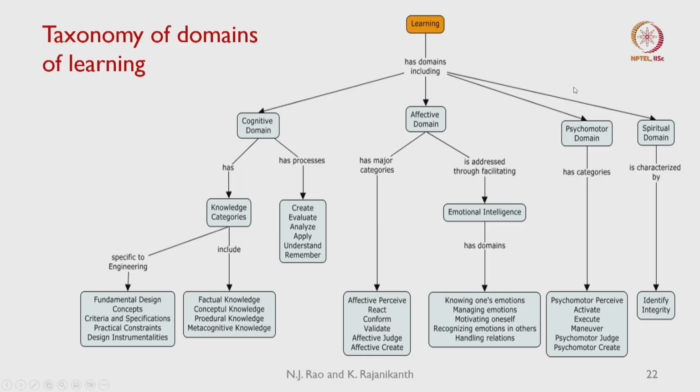And psychomotor domain has, as per Peirce and Gray, psychomotor perceive, activate, execute, maneuver, psychomotor judge and psychomotor create. And you have spiritual domain. We will leave it at this. We will address it fully in one of the later units.